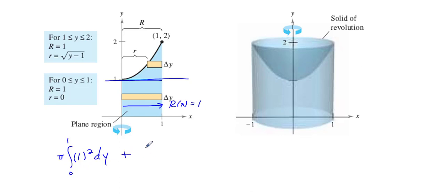Plus, let's figure out from 1 to 2. Outer radius, still 1. Inner radius, that'd be x equals square root y minus 1, right?